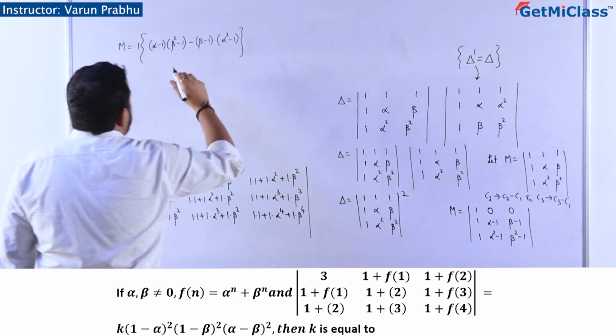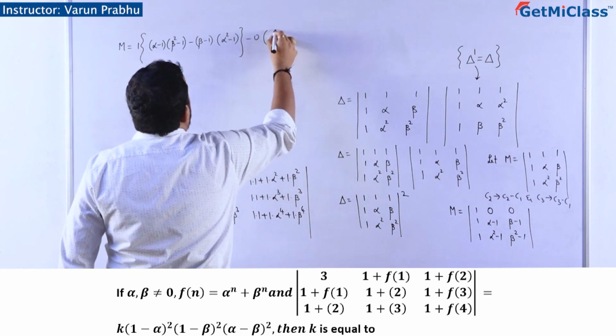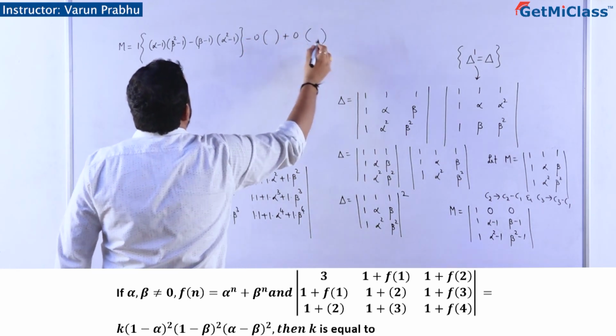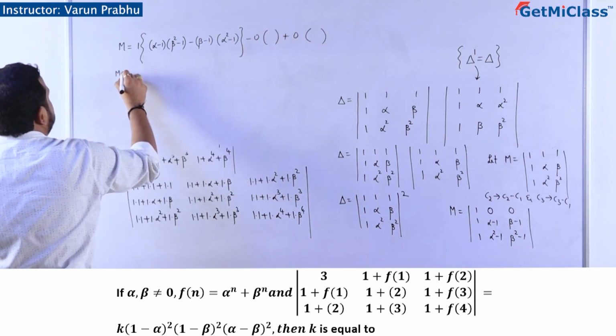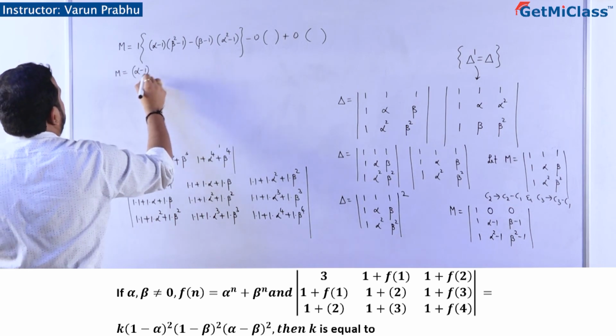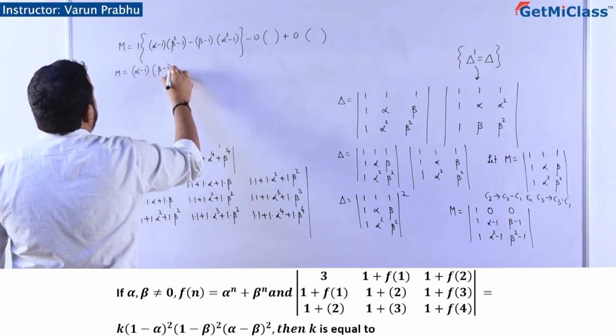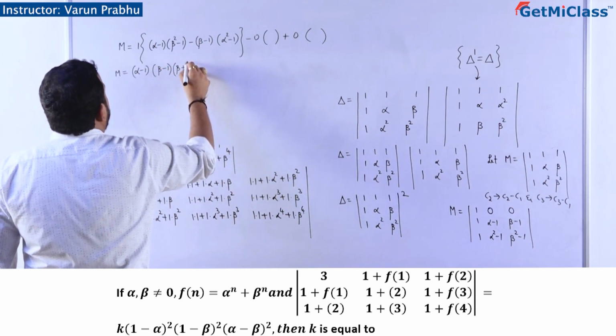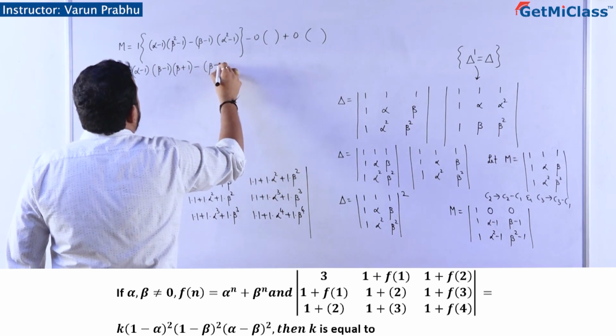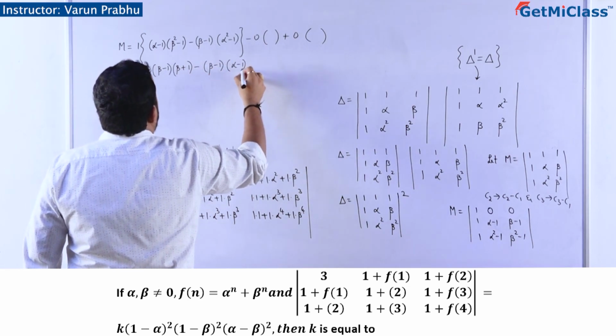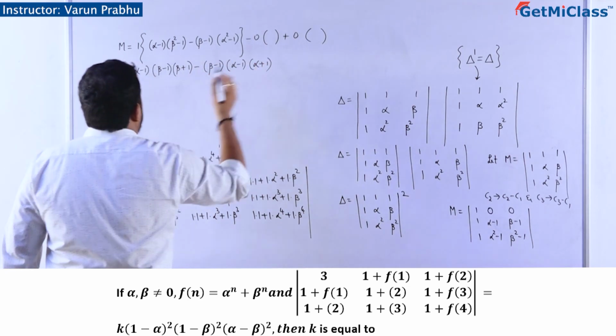Is it right? Minus 0 into anything is 0 plus 0 into anything is 0. So I can write m is equal to alpha minus 1 into beta minus 1 into beta plus 1 minus of beta minus 1 into alpha minus 1 into alpha plus 1.